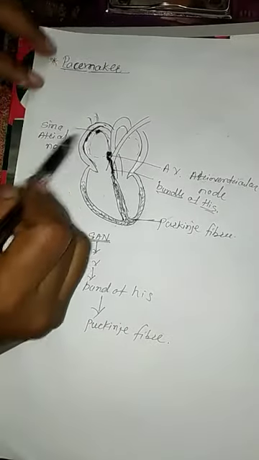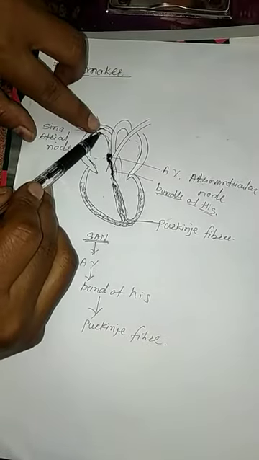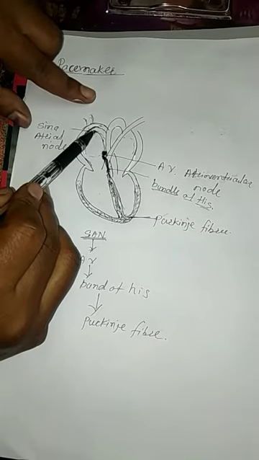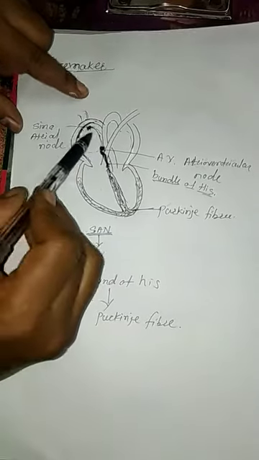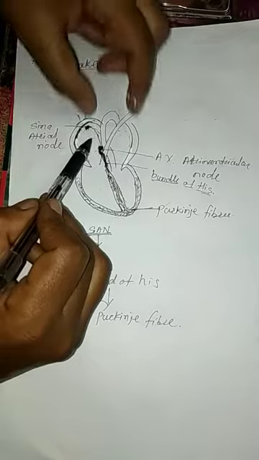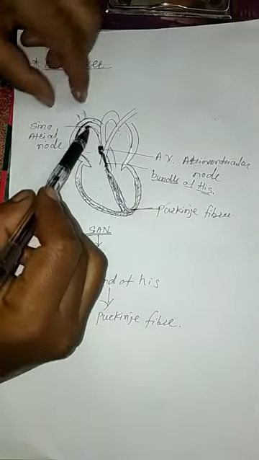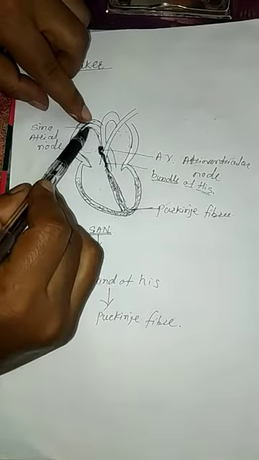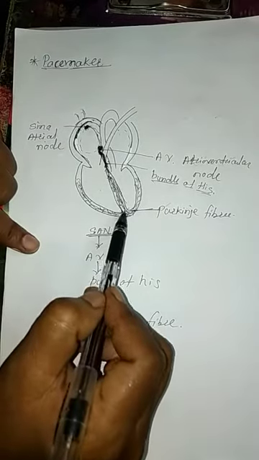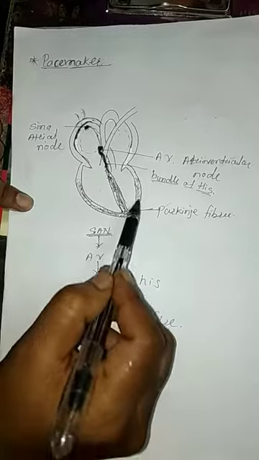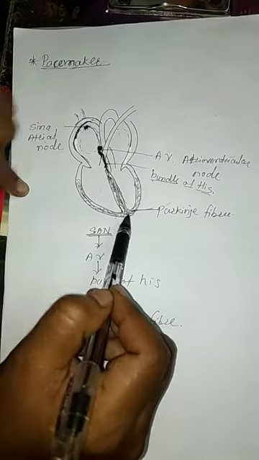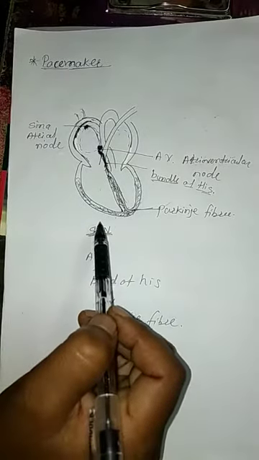This is our pacemaker. When the electrical impulses are generated in the auricles, the auricle contracts, and when the impulses transfer from the auricle into the ventricles, the ventricles contract.